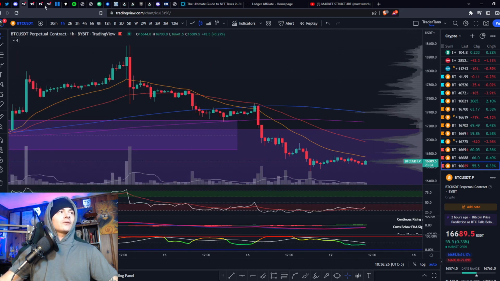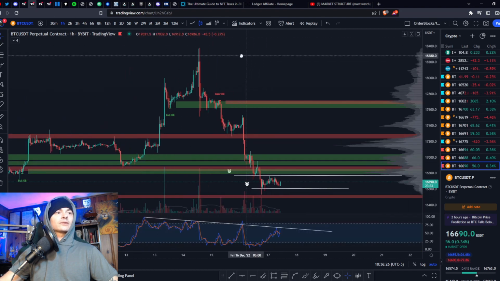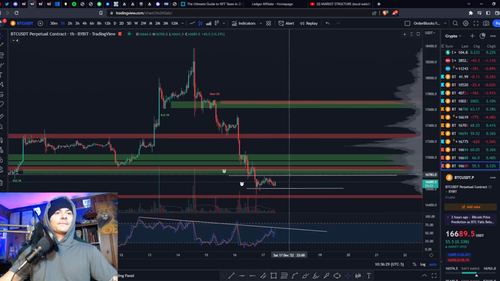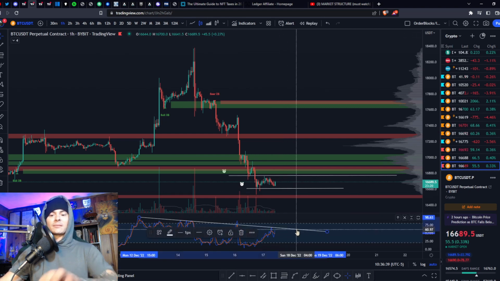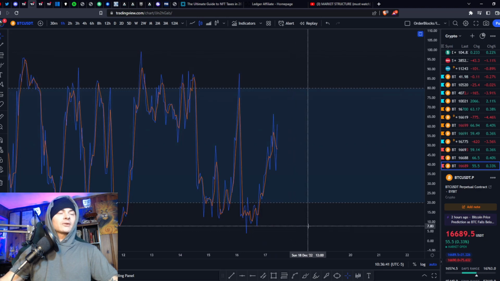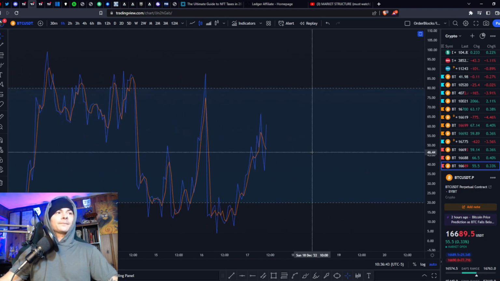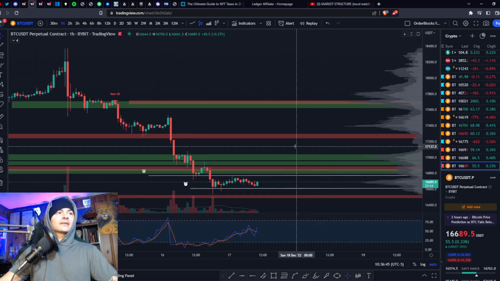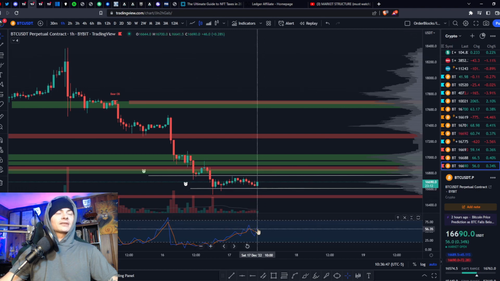Okay, so let's go over to here real quick. We'll talk about these order blocks now. 16,800, which is the level we were talking about, is right at the bottom of this order block. Now let's go ahead and get rid of this. This was just something I was playing with. Stochastics are pointing to the upside, and let's see here, no divergences to be aware of.